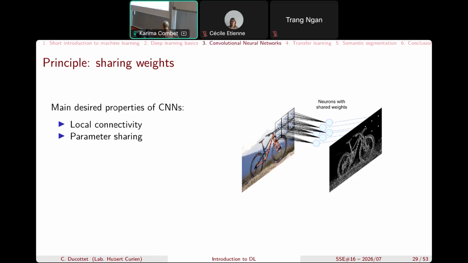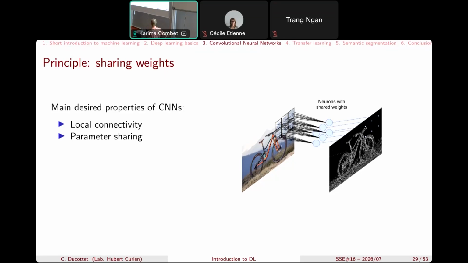And I will also put another constraint, which is the translation invariance. Because when I look at an image, I don't want to do specific processing on each region of the image. I don't want to do some processing here and some other processing here, and so on, because all the regions must be treated the same way.